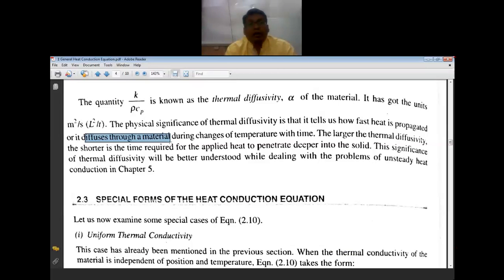How the temperature diffuses into the material during the change of temperature with time. The temperature is changing, when? Temperature is changing with time. That is what we write as dT upon dt.